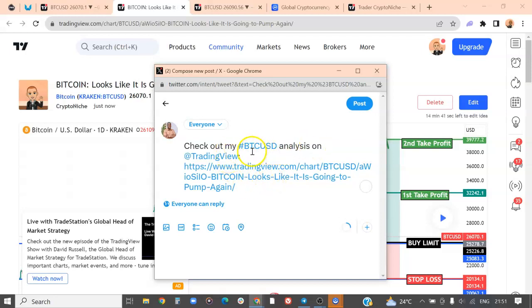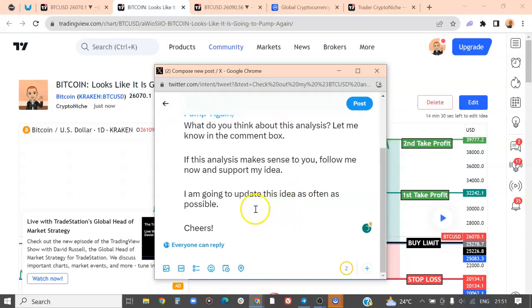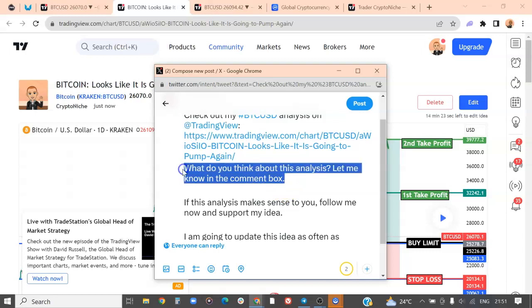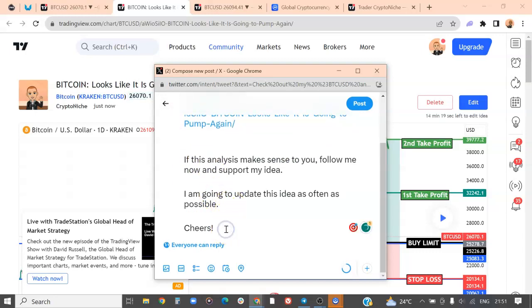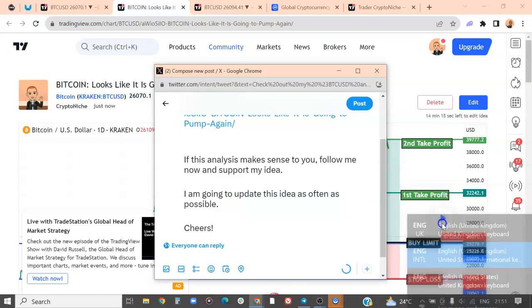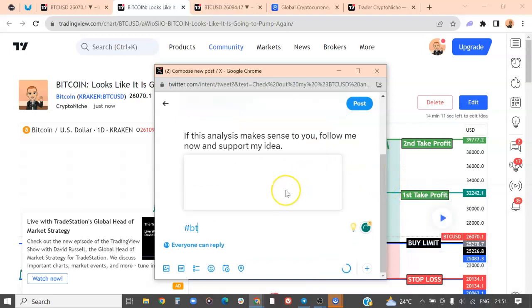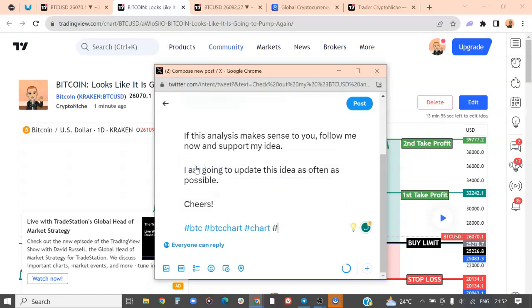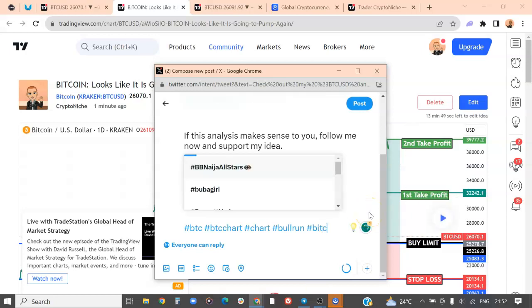I'm gonna share this on Twitter with my followers so they can have an idea. Then I'll paste this. I want to be able to add hashtags to it. So the hashtag is charts, and Bitcoin again.